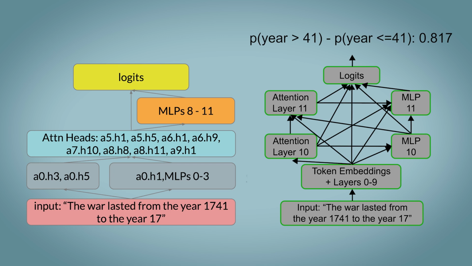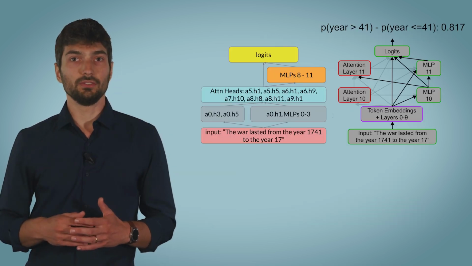Then, to prove that our circuit contains all important components, we are going to knock out or ablate all parts of the model that are not in the circuit, like attention layers 10 and 11, and other components that are not shown here. You can think of this as zeroing out the outputs of each such component. We will explain more in the next video.